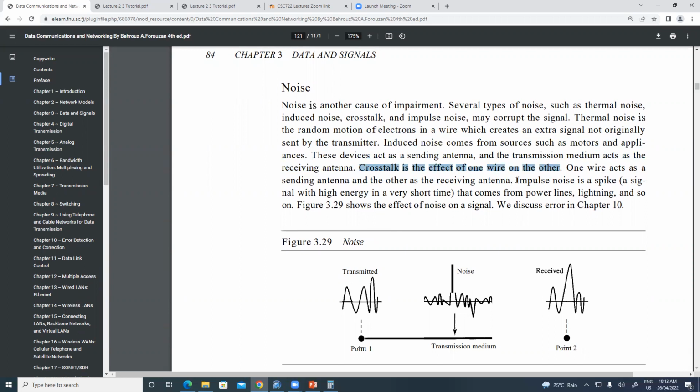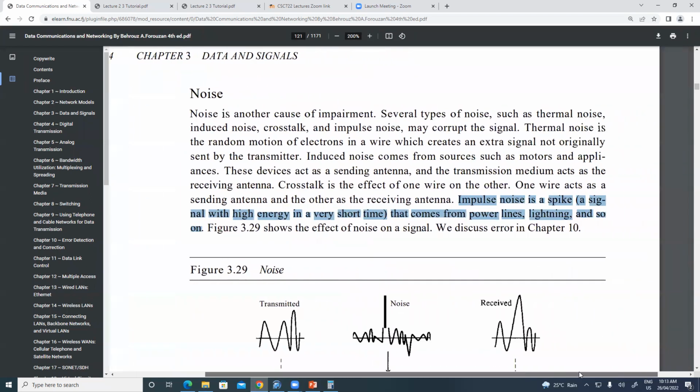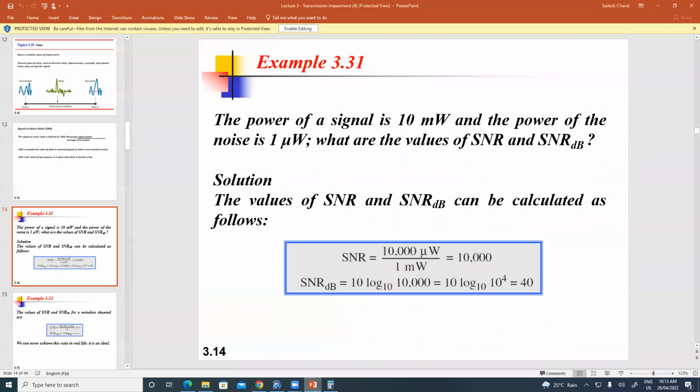And the impulse noise is a spike. It says a signal with high energy in a very short time that comes from power lines, lightning, and so on. So those are the 4 types of noise mentioned in your slide here.